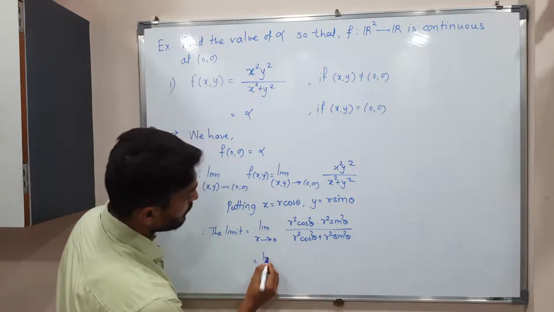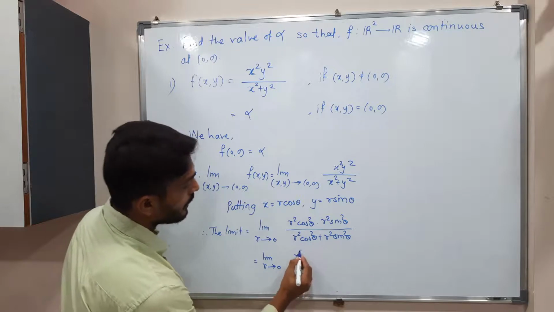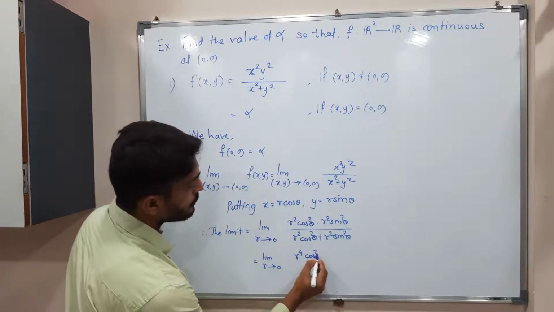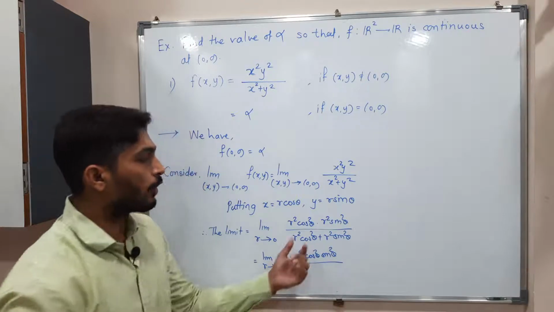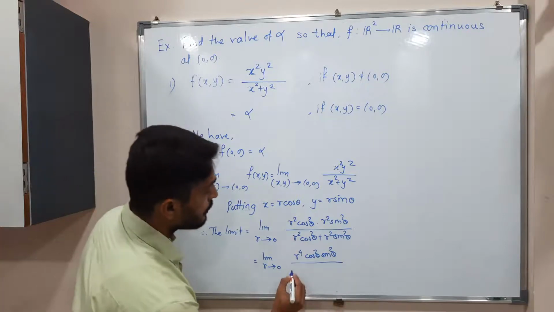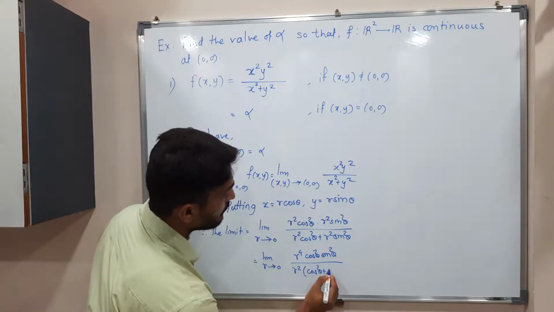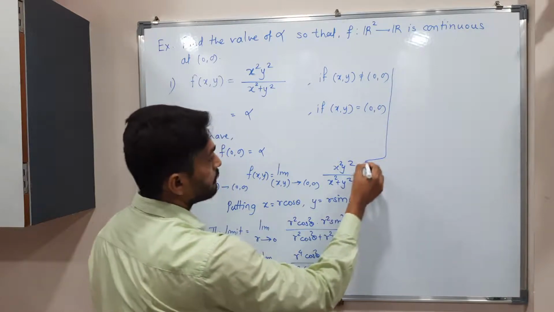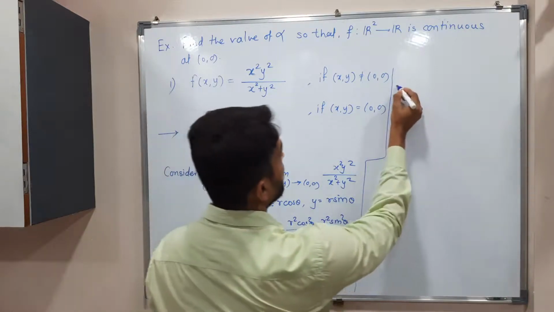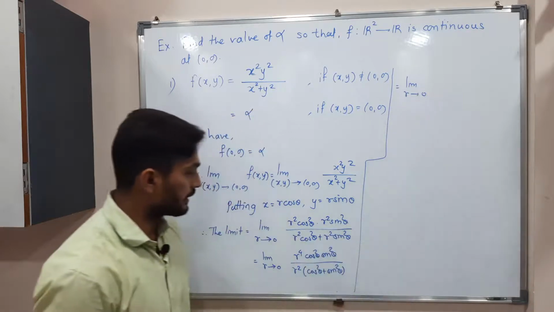So it is equal to the limit as r tends to 0 of r square into r square, r raised to 4, cos square theta into sin square theta, and in the denominator we can take r square common, giving r square times (cos square theta plus sin square theta). Can we cancel anything?